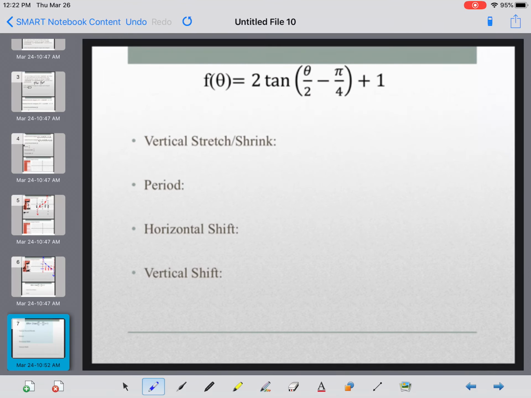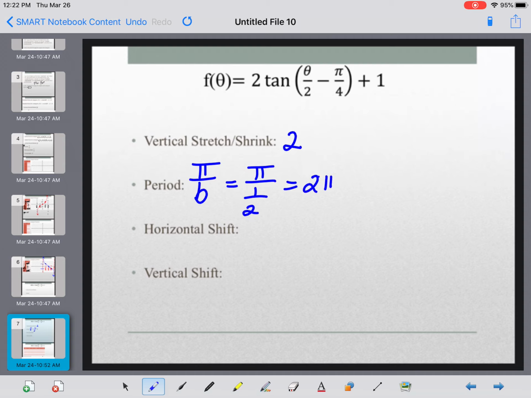All right, now let's apply some transformations. My vertical stretch or shrink, this is my a value, so this is 2. Period will be pi over b. So pi over 1/2 is 2 pi.